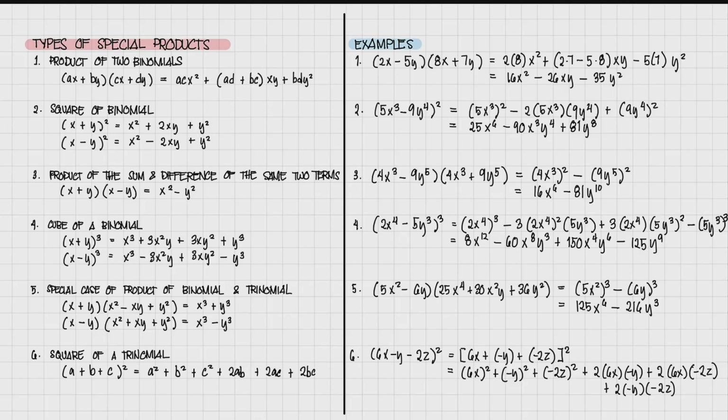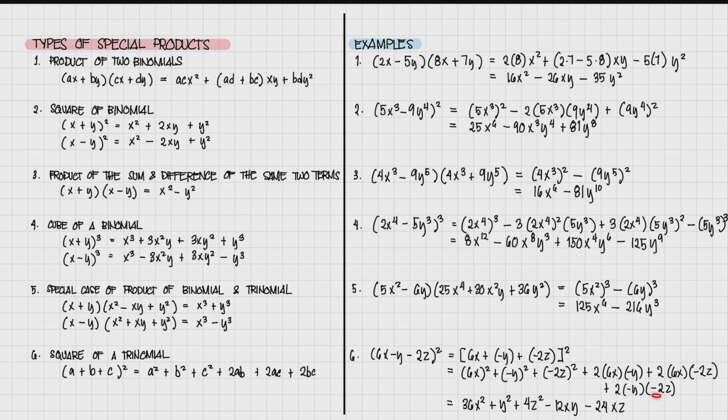Okay. Now we just need to simplify that, and we get 6 squared is 36 x squared, minus or plus y squared, plus 4z squared, and then we have here negative 12xy, and then we have here 2 times 6 times negative 2, so that's negative 24 times x times z, plus negative 2 times 2 is, so we have here negative 1.